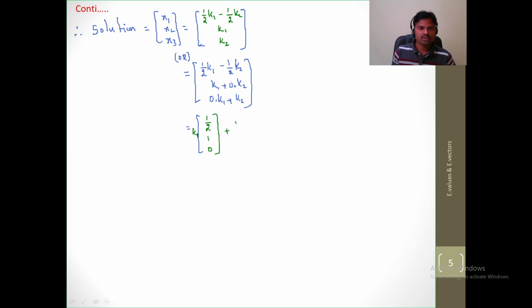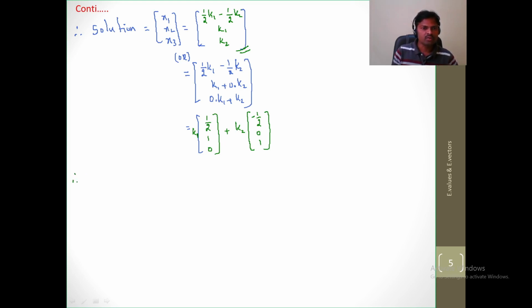Plus, next take k2 common: minus half in the first entry, the second entry k2 coefficient is 0, the third entry k2 coefficient is 1. Like this you can express it, your wish. Or you can stop till this, no problem. So this is the solution of the given system of linear equations.